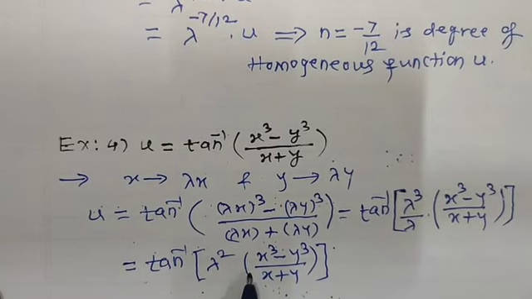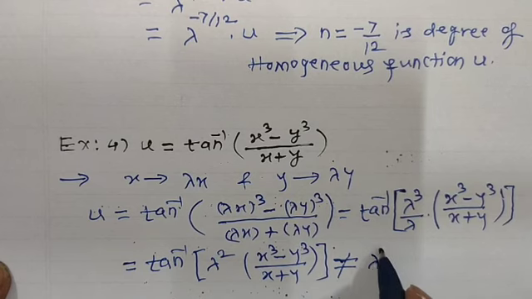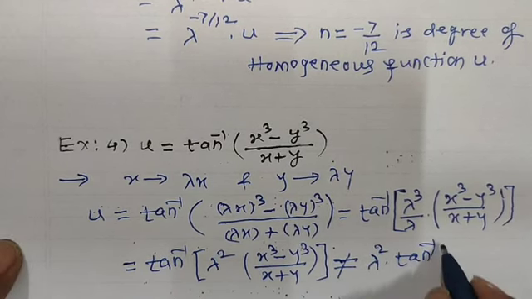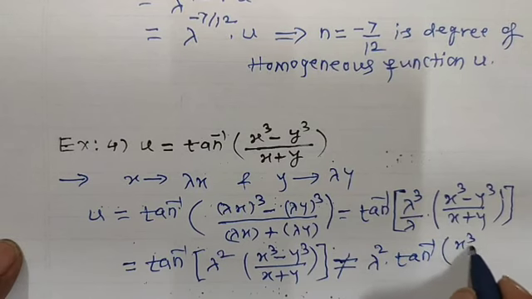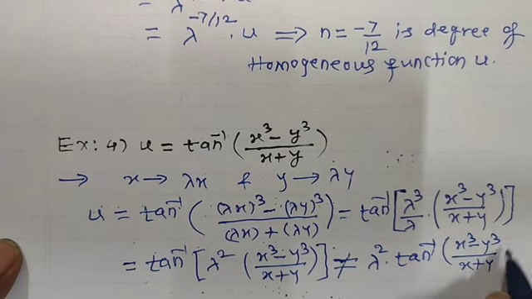Can we write this in the form of lambda square into tan inverse of this? This is not equal to lambda square into tan inverse of x cube minus y cube divided by x plus y.